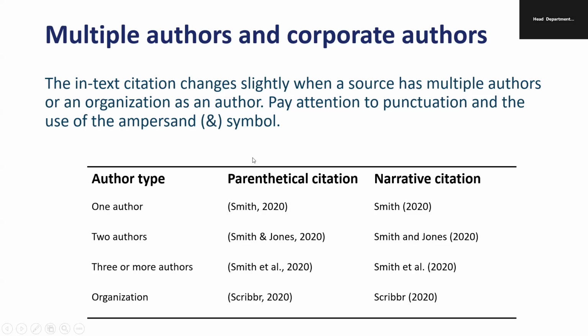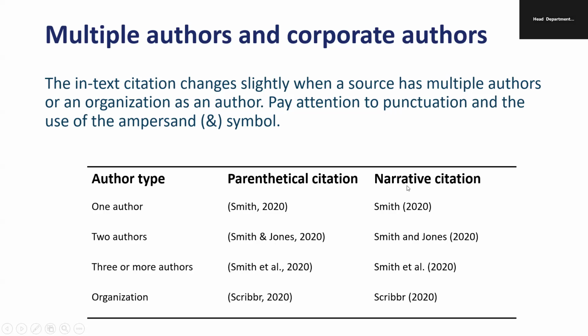Let's look at how we cite if we have one author. Then we take the last name and publication year. If we have two authors, we take the last names of these two authors, and here we take the ampersand symbol when we are using parenthetical citations.